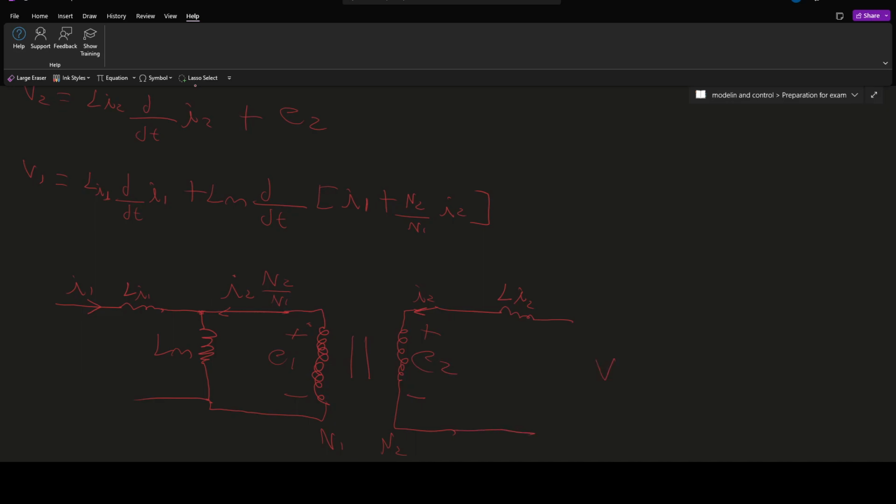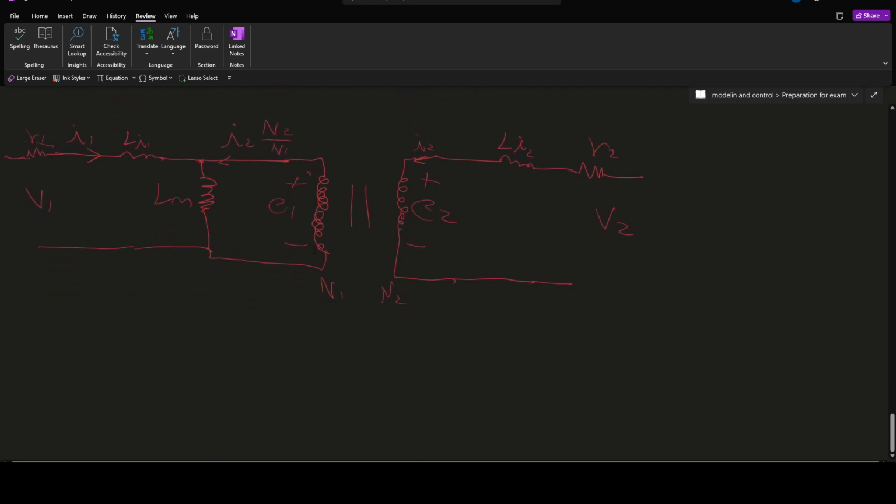So here we have our V2, and here we have our V1. Now, here we are only accounting for the leakage flux losses, but we could add another resistor here, R2, and here another resistor, R1, to account for our copper losses, because in the real world we're gonna lose a little bit due to the resistance of the copper that the coils are made of.